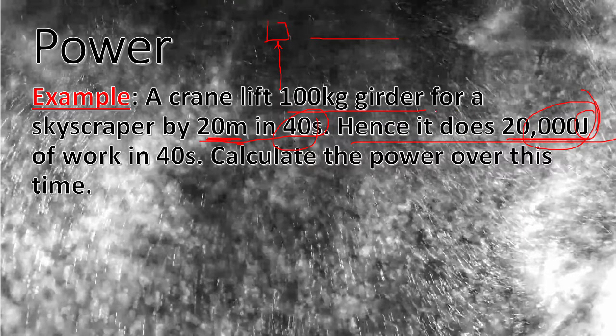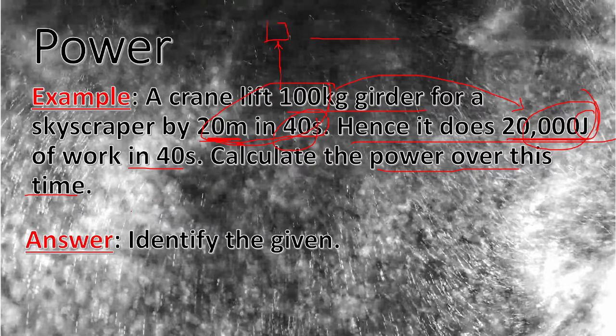You need to know the units, otherwise it will be hard for you to identify the givens. So it does the work of 20,000 joules in 40 seconds. So the 20 meters and 100 kilograms are converted to work already, so there's no need to solve for it. Then calculate the power over this time.